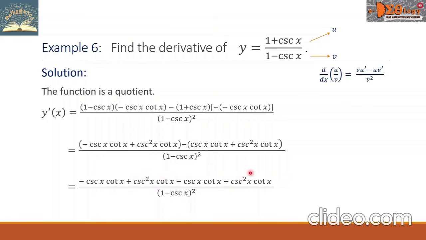There is negative cosecant square x cotangent x. When we combine, it becomes 0, or we cancel it out. The negative cosecant x cotangent x, there is also negative cosecant x cotangent x. So we can combine them. So finally, negative 2 cosecant x cotangent x all over the square of the quantity 1 minus cosecant x.